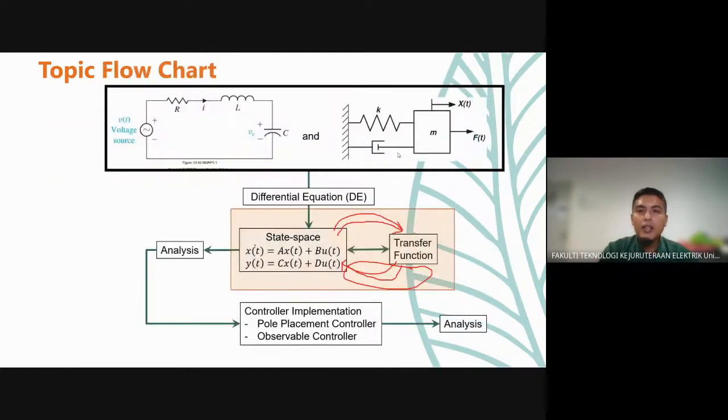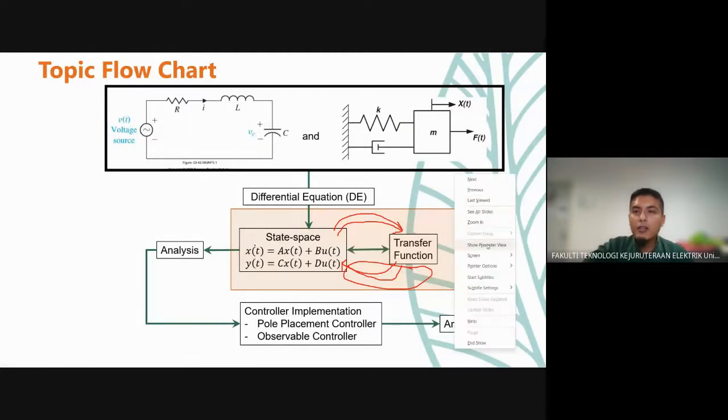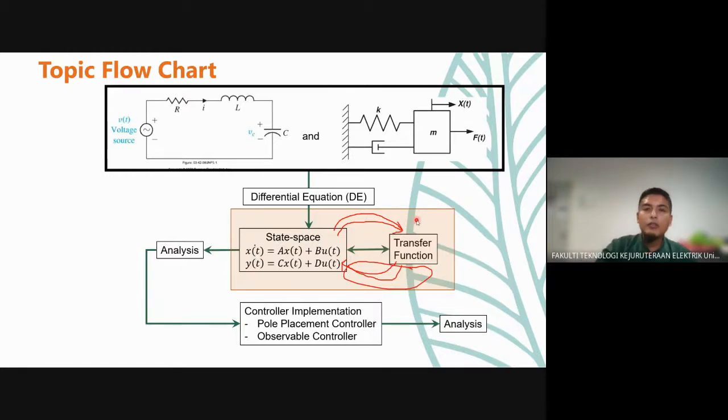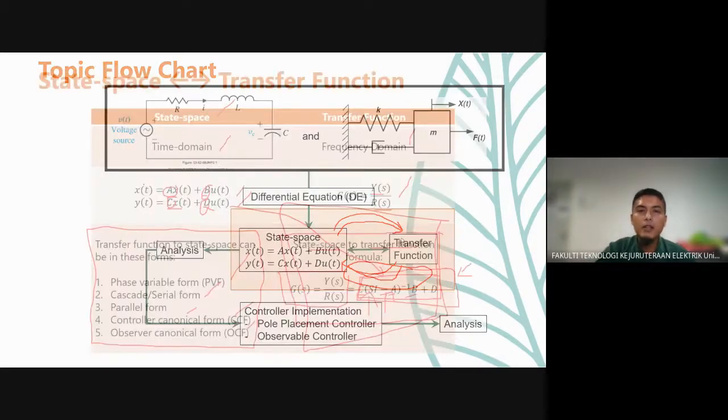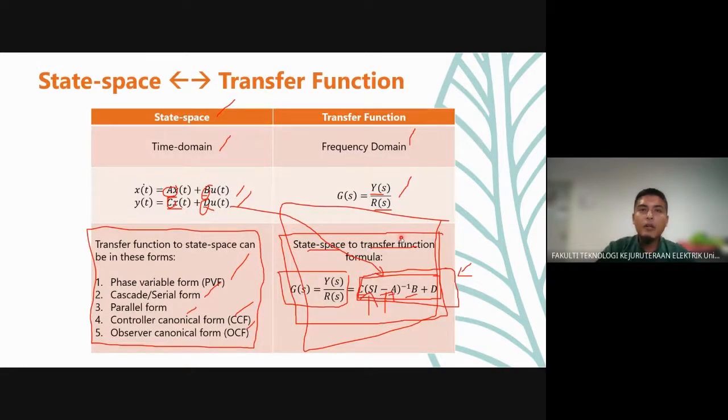So we are at this part. In the previous class, we just focused on how to convert the state space to transfer function only. Then I did some comparisons between state space and transfer function, where the state space is in the time domain and the transfer function is in the frequency domain.